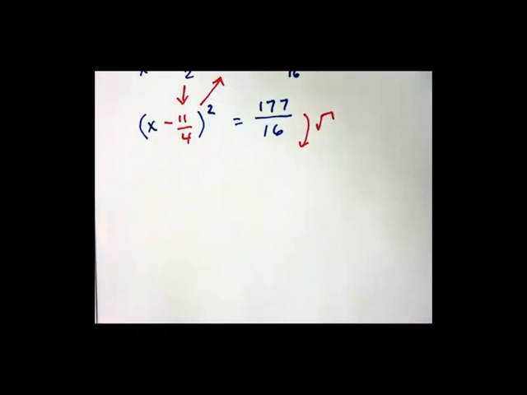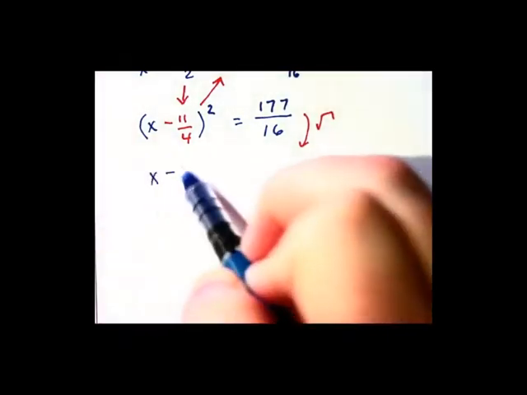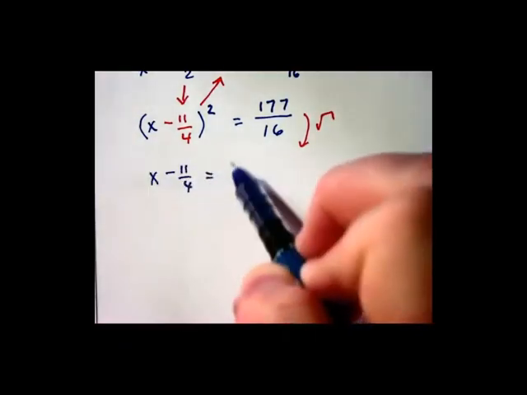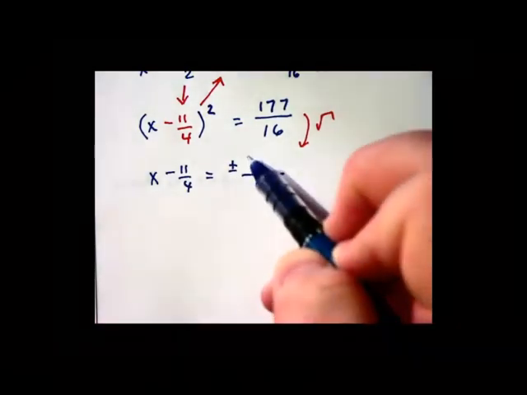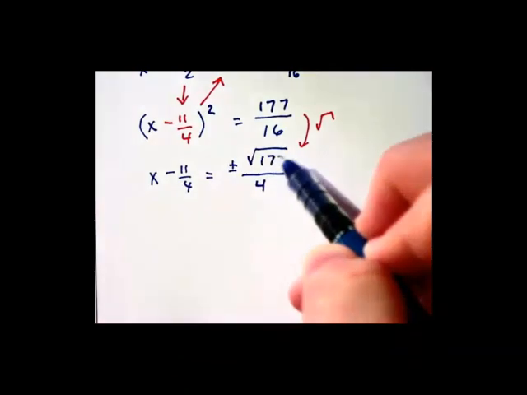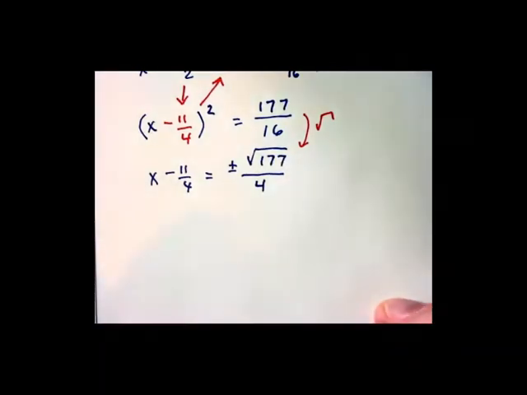Okay, now let's go through and square root each side of the equation. And that's going to give us just the x minus 11 quarters on the left. And looky there, the square root of 16 is 4, which is nice. Square root of 177, we'd have to do a factor tree to break that down. Let's see, 177.